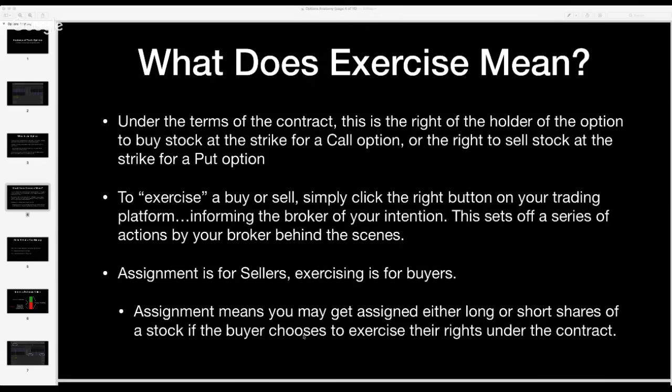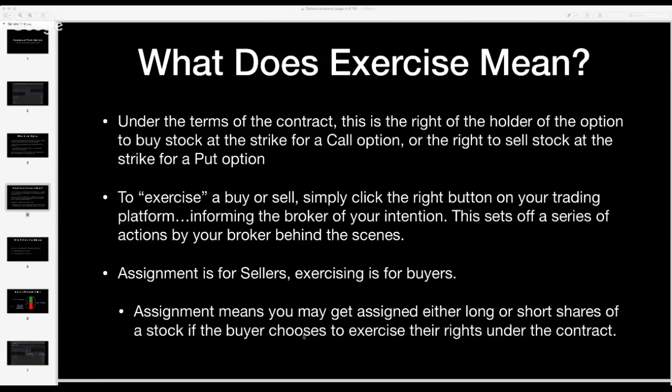Now, the powers that be don't necessarily match everybody up exactly with the buy side and the sell side. There's a clearinghouse, and they decide, and it's more of a random process, that if somebody decides to exercise stock, they have to pick somebody that is the seller of that same contract, and then you can get assigned.